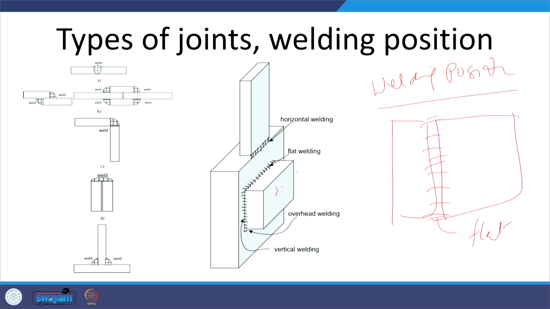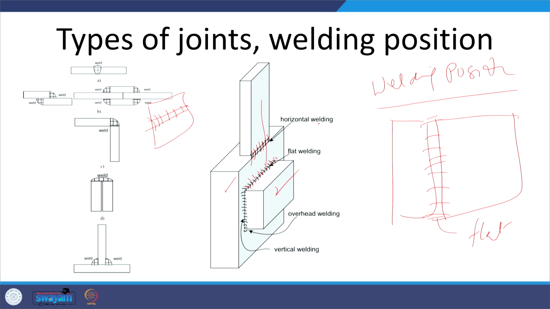This is one component, this is another, and the welding is done in this horizontal position. But when the components to be joined are arranged vertically and the welding is done horizontally, then it is called horizontal welding. So the plane is vertical, but the weld metal is deposited horizontally.